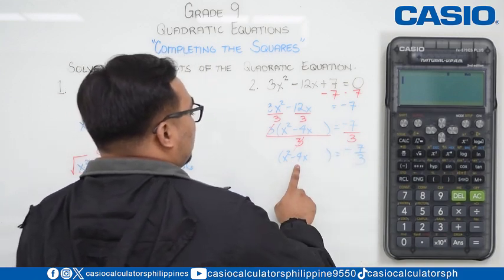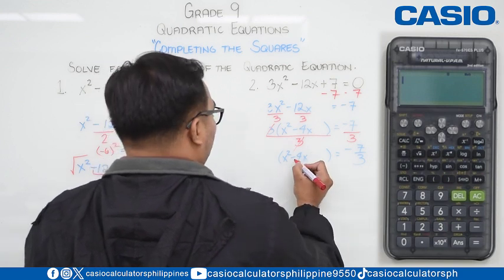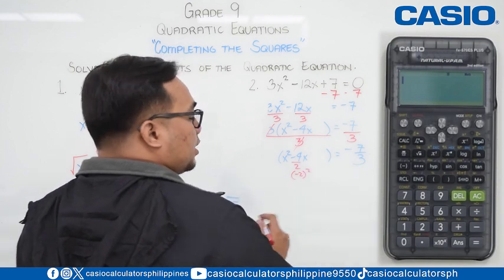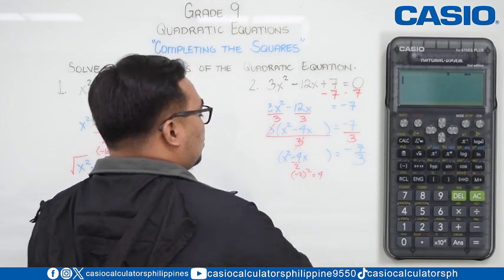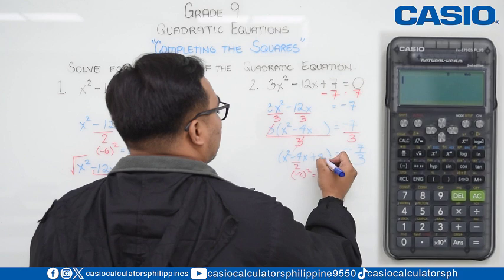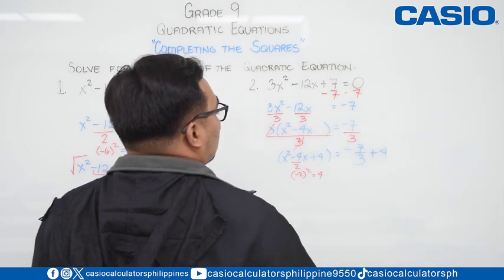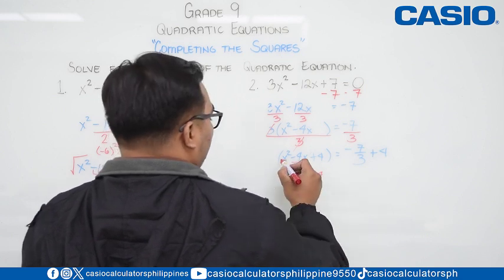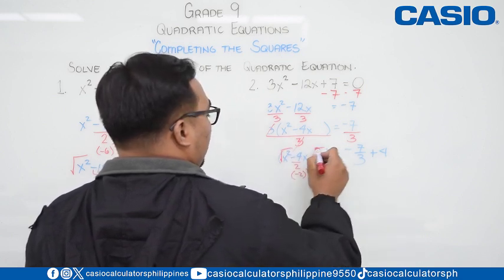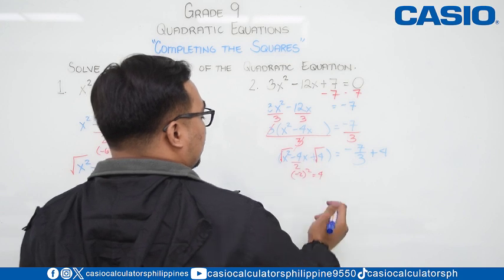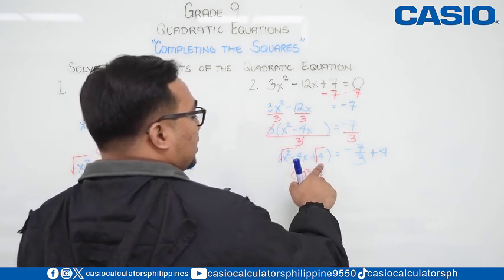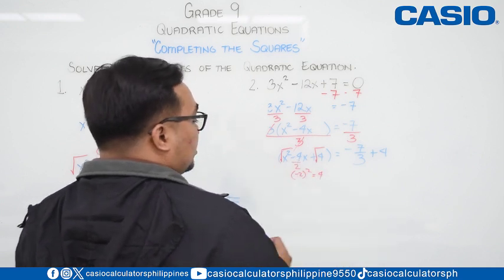Now we need to perform completing the square. We divide this by 2, so we have negative 2. And then we square that to get positive 4, which we need to add to both sides of the equation. Now we need to get the square of the binomial of this perfect square trinomial, which we did a while ago: square of the first term, square of the last term, and copy the middle term sign.